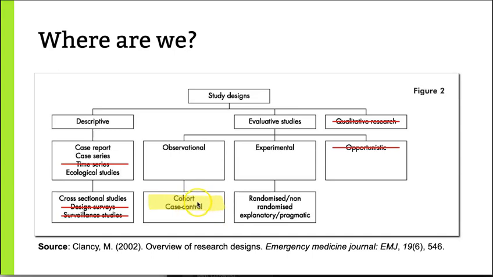Both of these study designs have an advantage over the descriptive study designs in that they have a comparison group, or a group to compare to. And that's important for a lot of different reasons. We'll talk about experimental studies next week, but this week we'll focus on cohort and case-control studies.